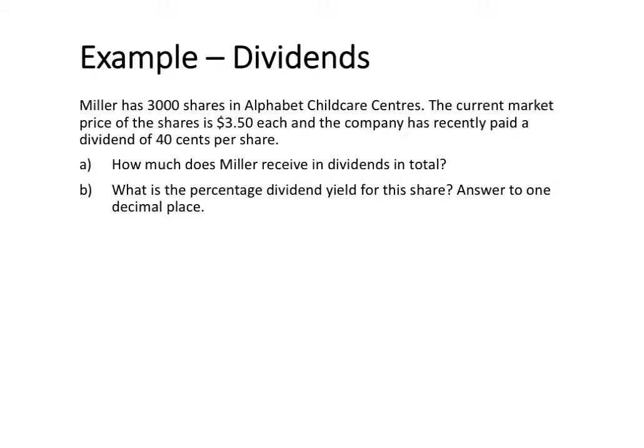So in our example, Miller has 3,000 shares in Alphabet Childcare Centres. The current market price of those shares is $3.50, and the company recently paid a dividend of 40 cents per share. So part A is asking how much does Miller receive in dividends in total from the Alphabet Childcare Company.